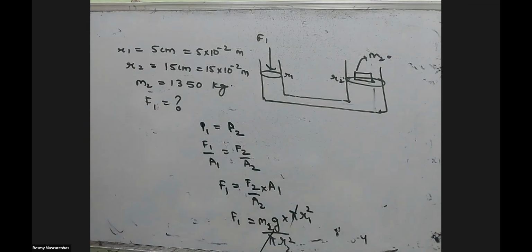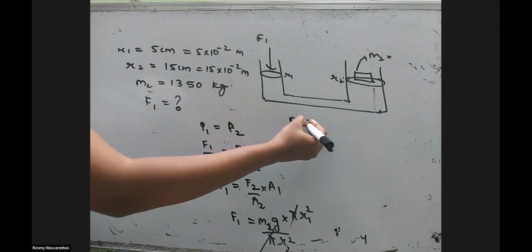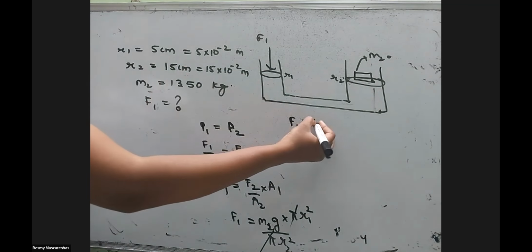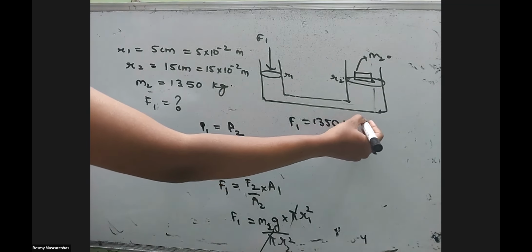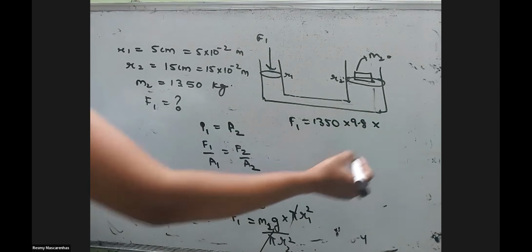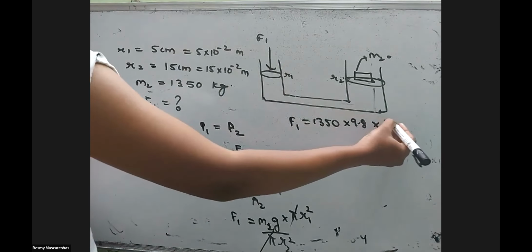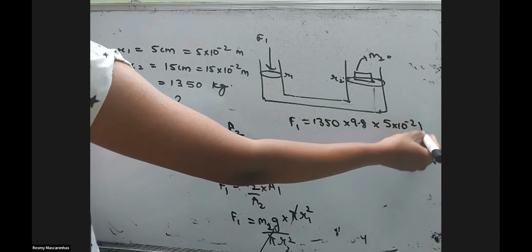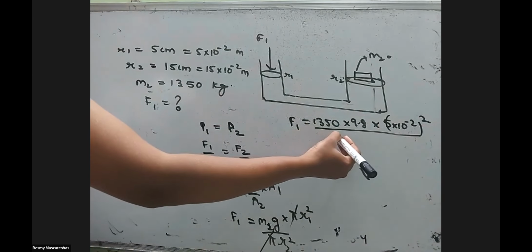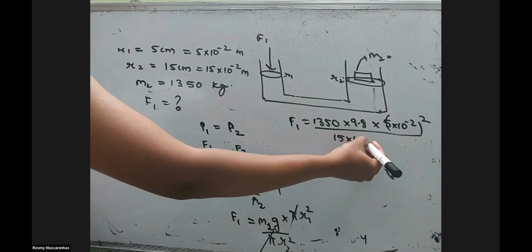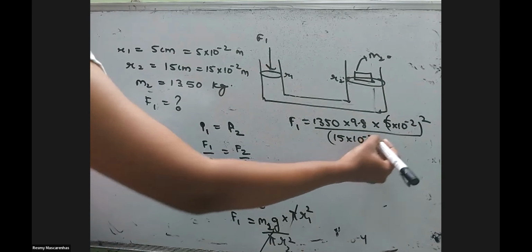Now substitute the values. M2 is this. Gravity is 9.8. R1 squared: 5 into 10 raised to minus 2, the whole square. R2 squared: 15 into 10 raised to minus 2, the whole square.